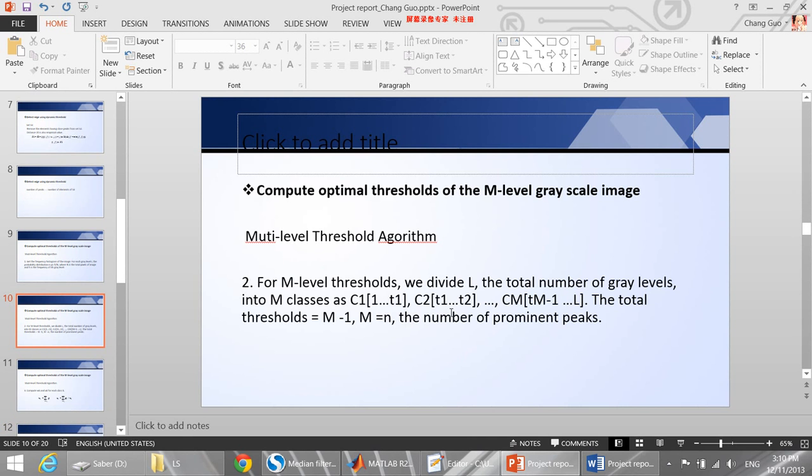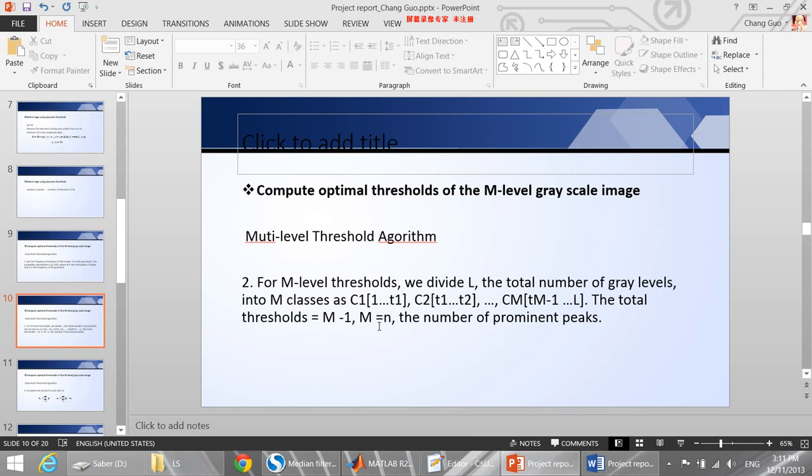Second, for M level thresholds, we divide L, the total number of gray levels, into M classes as C1, 1 to T1, C2, T1 to T2, and Cm, Tm minus 1 to L. The total thresholds equal M minus 1.